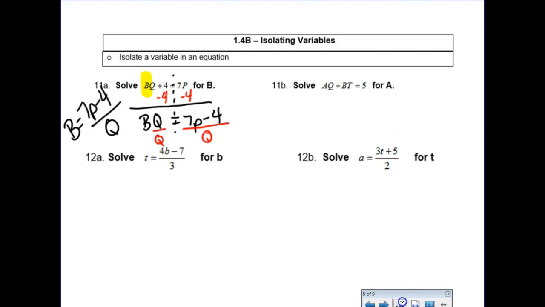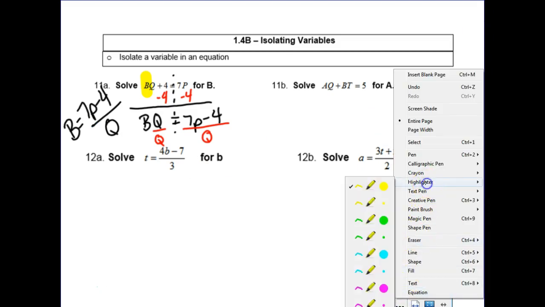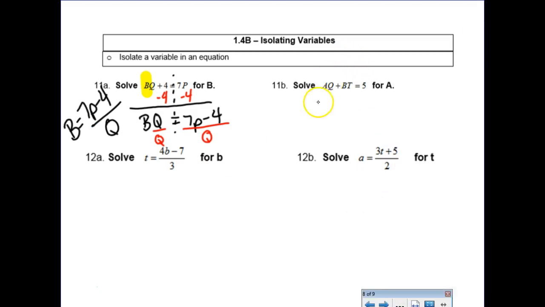Alright, similarly, right here, there's a smaller one, trying to solve for a. First thing I'd do is subtract this term right here over. So I'm going to subtract bt from both sides. But again, I can't simplify that, so I'm just going to write down the algebra.